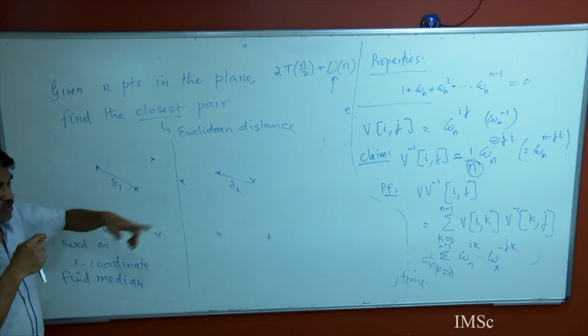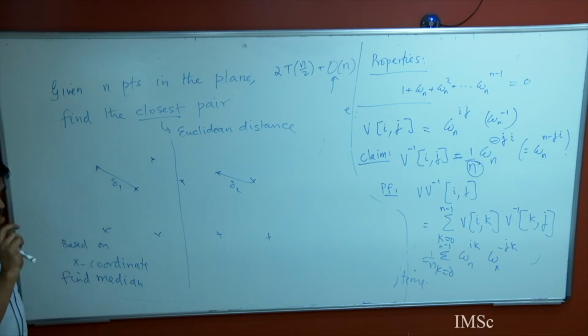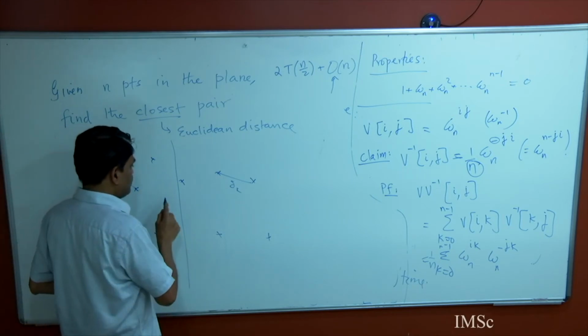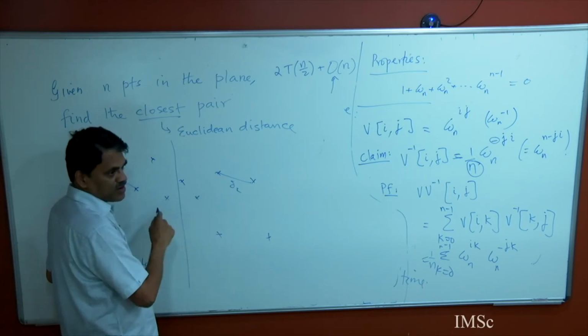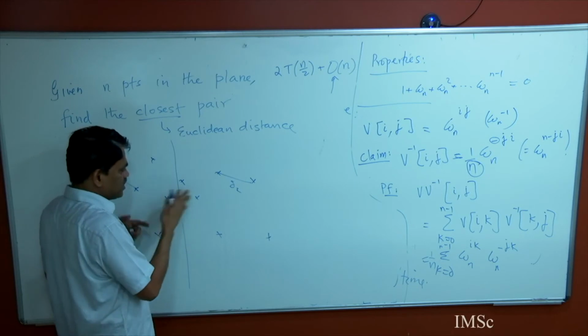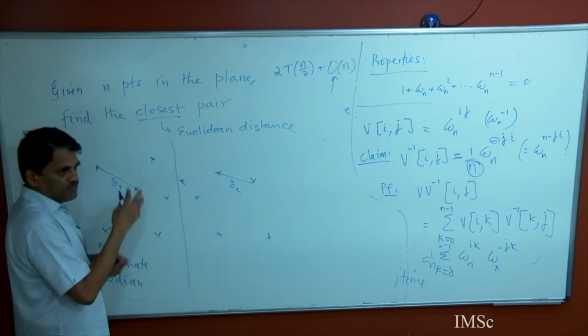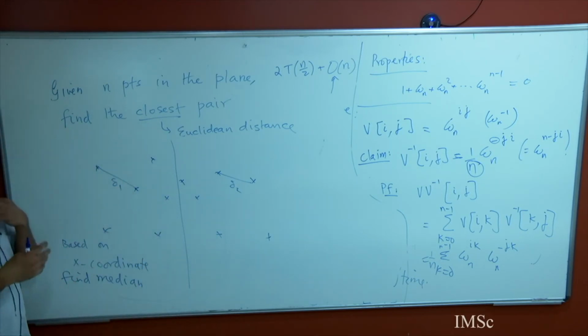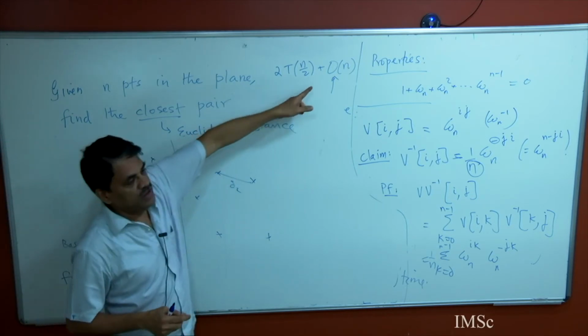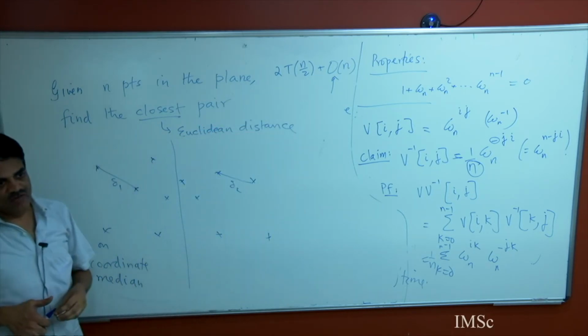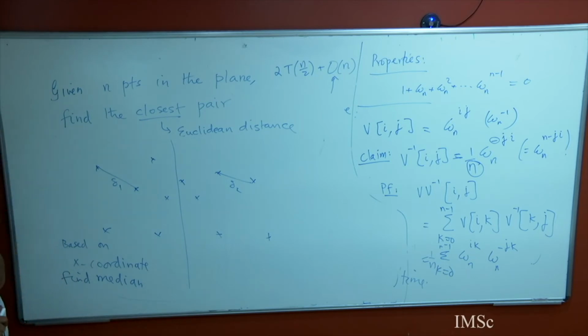Minimum among this, okay, is that all? So minimum among them is one thing. You also need to look at the distance between points here and points here, which we have not considered, okay. And among all those points, we need to find the minimum, and let's see if we can do all of that in linear time. Then I have an n log n algorithm, okay.